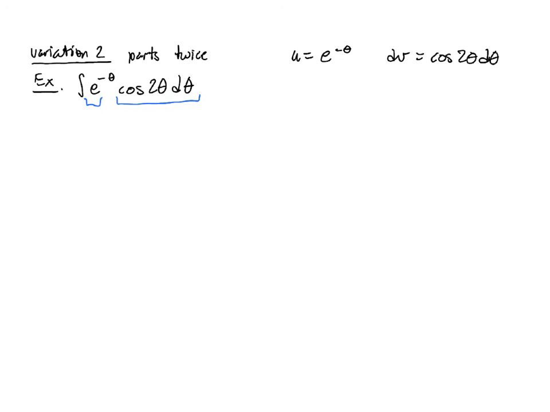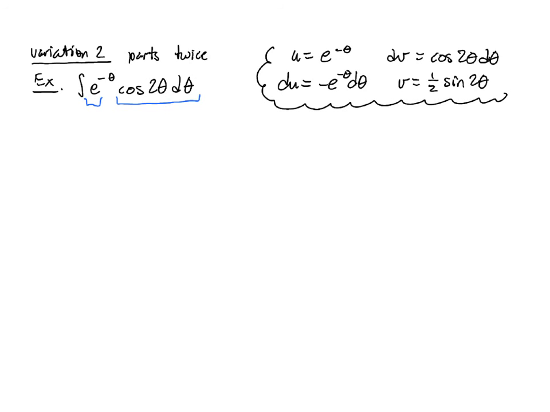And when you do this, my u gives me a du of minus e to the minus theta d theta, and for v, I have to do a little substitution of u equals 2 theta. When you do that, you end up with v being 1/2 sine 2 theta. So this is our first u and v values that we'll use. Let me call this entire integral here I, and we'll see a good reason later for why I do this.